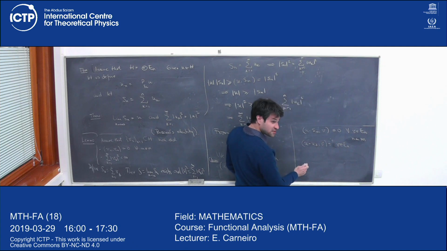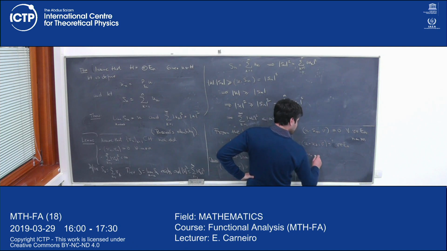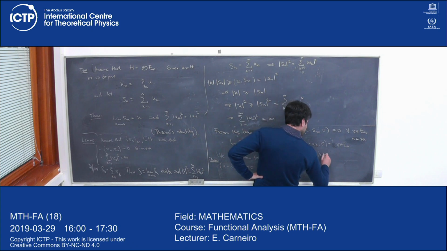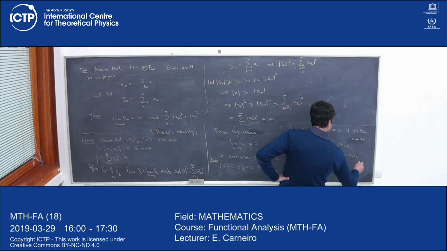I'm taking out the projection. And what is Sm for any M bigger? I am putting more guys, right? So this Sm here is just Un, and then you have plus u1 plus u2 plus un minus 1 plus un plus 1 plus un.